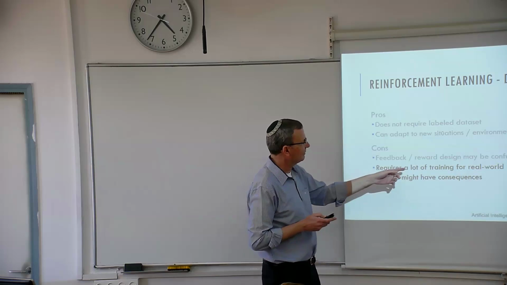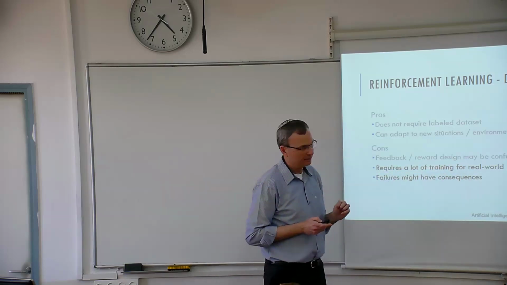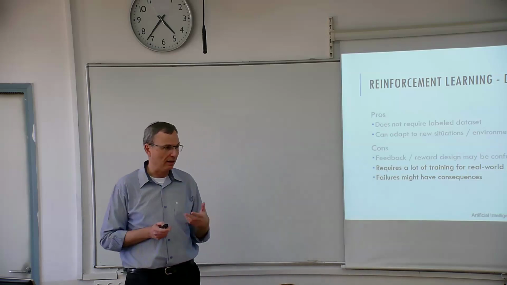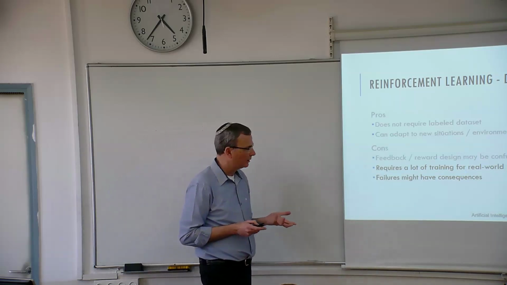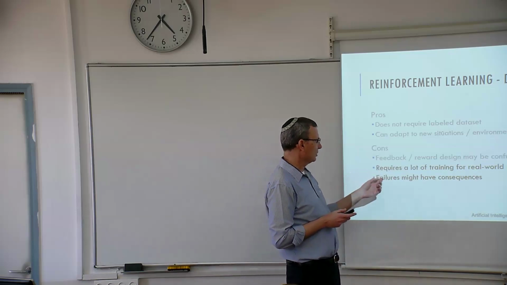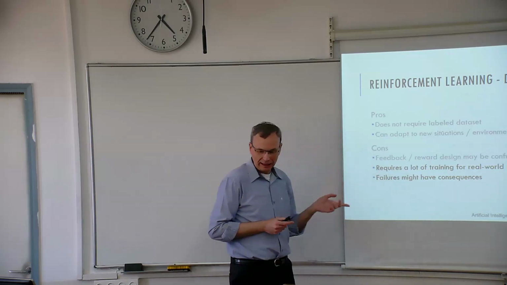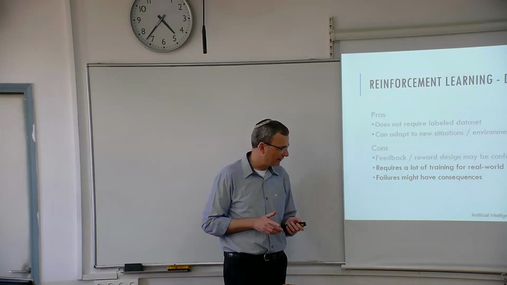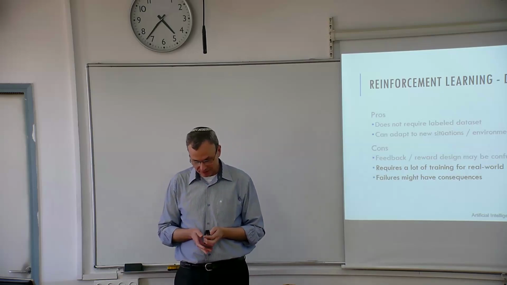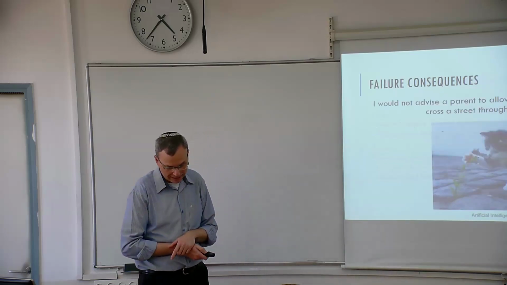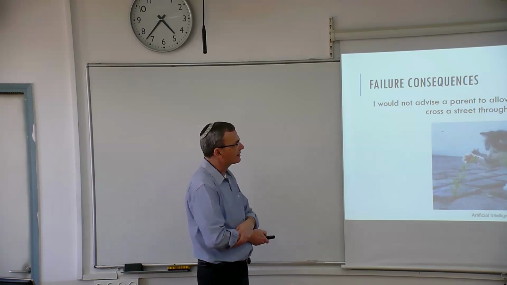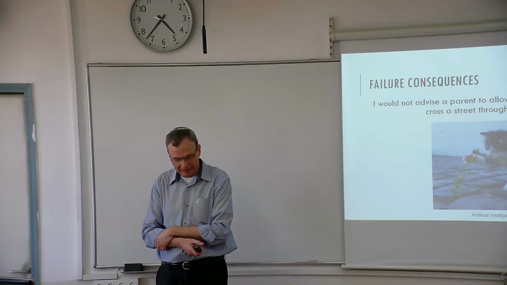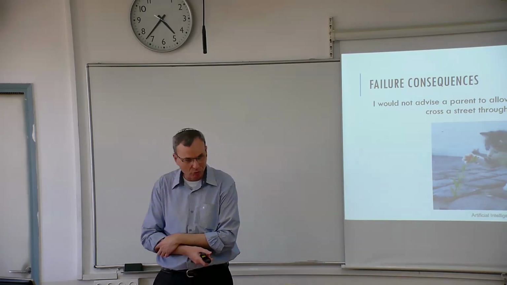Next, it requires a lot of training for real-world problems, data and time, because most real-world environments are complicated, complex. Also, what happens if you take the wrong decision? Failures might have consequences, some of them really, really bad. For instance, I would not advise any parent to allow his daughter to learn how to cross a street through trial and error.